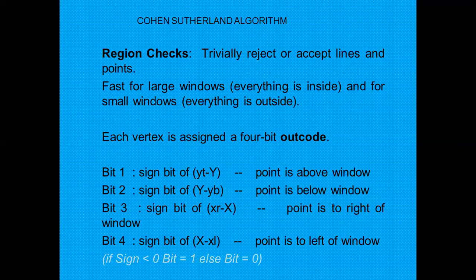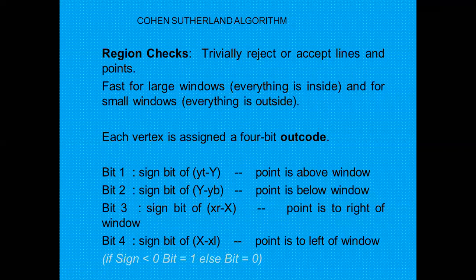Now you can see the 4-bit output as bit 1, bit 2, bit 3, bit 4, like 0, 0, 0, 0.